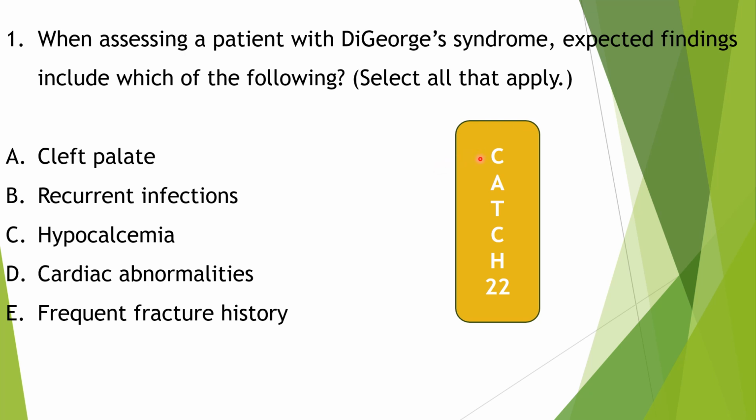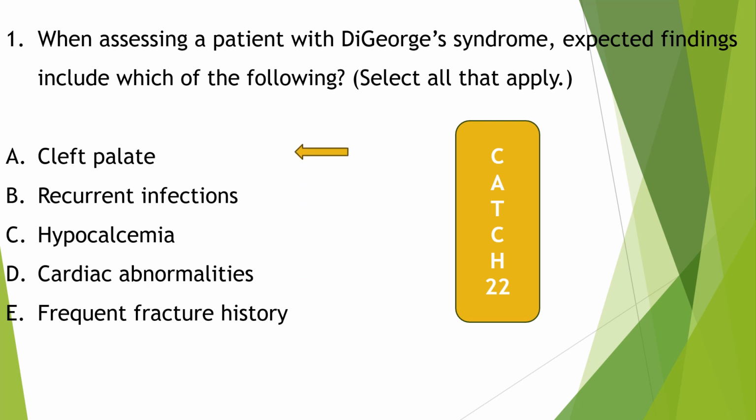Then abnormal faces, that is A. T is for thymic aplasia, C is for cleft palate, and H is for hypocalcemia. Hypocalcemia is because of hypoparathyroidism. This acronym is known as CATCH-22 because the 22nd chromosome is affected in DiGeorge syndrome.